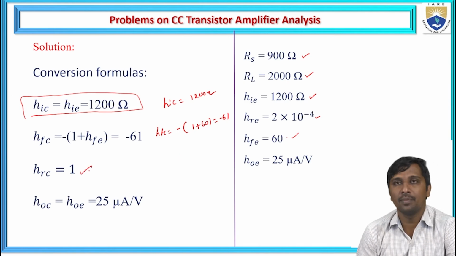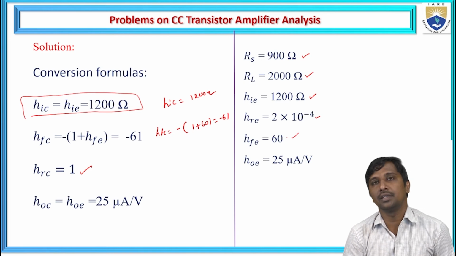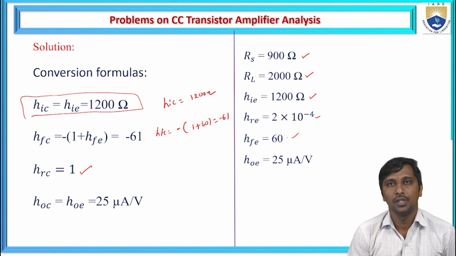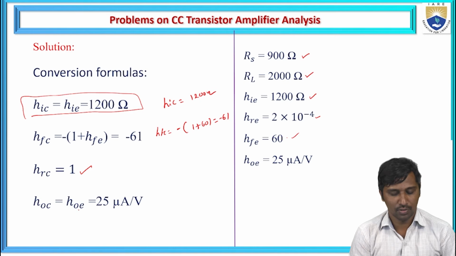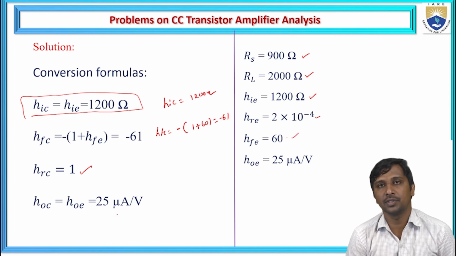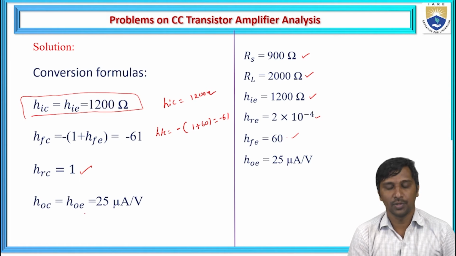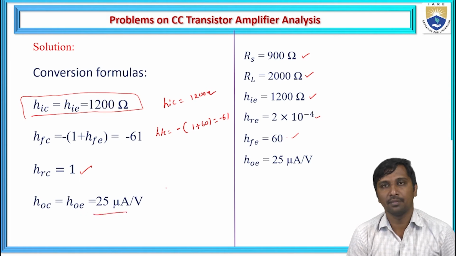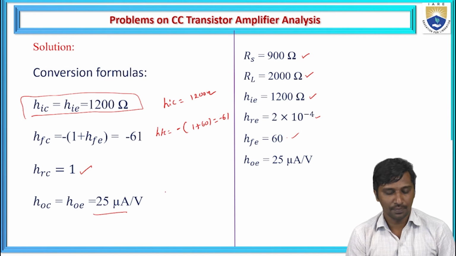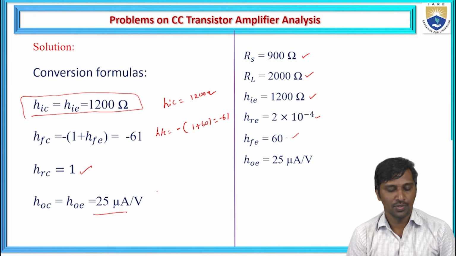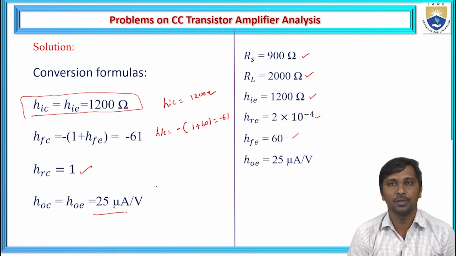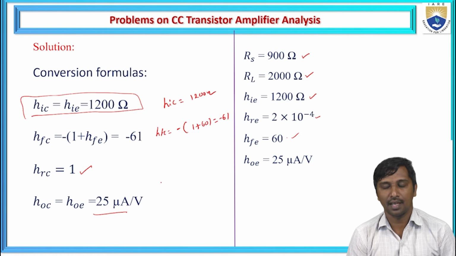For HRC, in a common collector amplifier, we assume the reverse voltage gain is always equal to unity, so HRC is 1. And HOC is approximately equal to HOE, hence it is 25 microamperes per volt. These are the conversion formulas, and based on them we obtain the H parameters related to the common collector transistor amplifier.